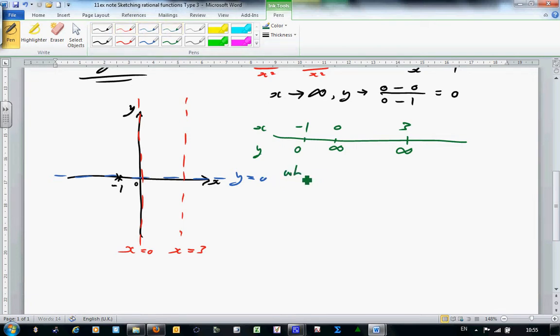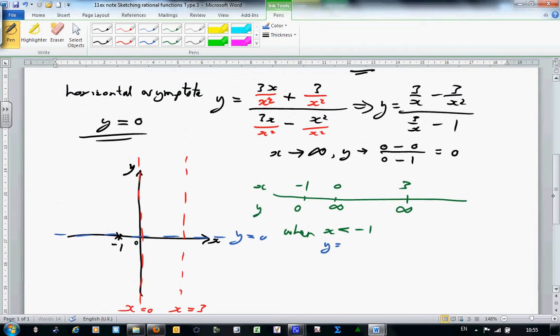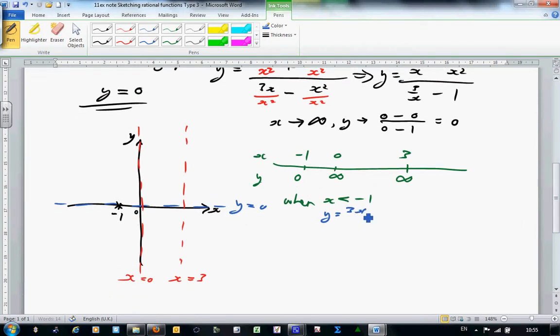I've got 3x plus 3. I'm dividing that by 3x minus x squared. And we're going to look at what is y in terms of its positive and negative. Right, so x is -1. Let's look at something smaller than -1. Let's pretend it's -2.